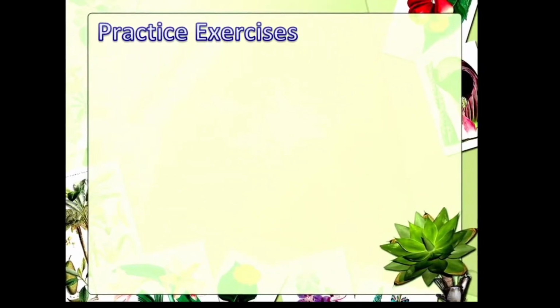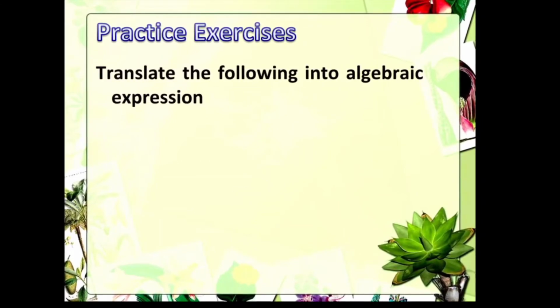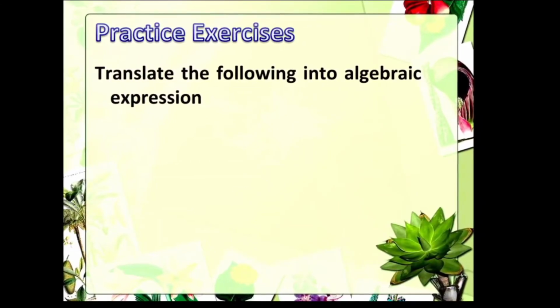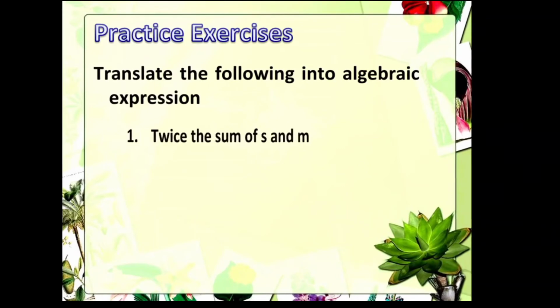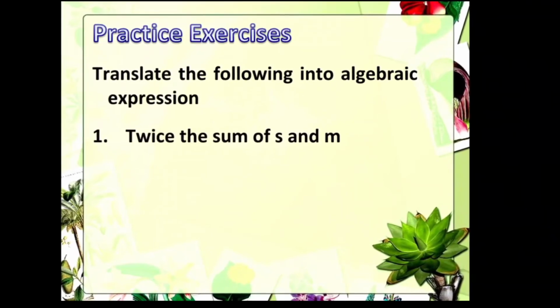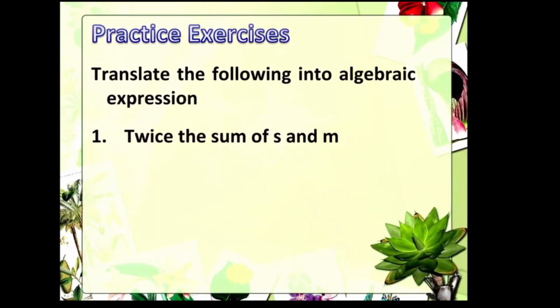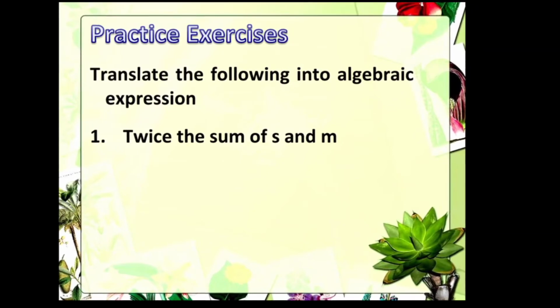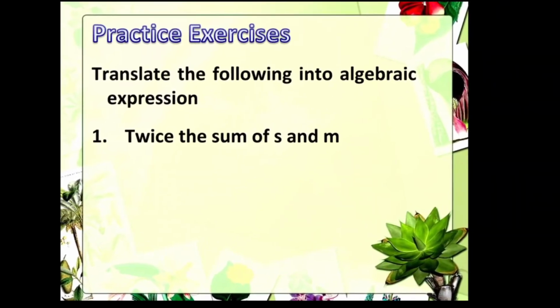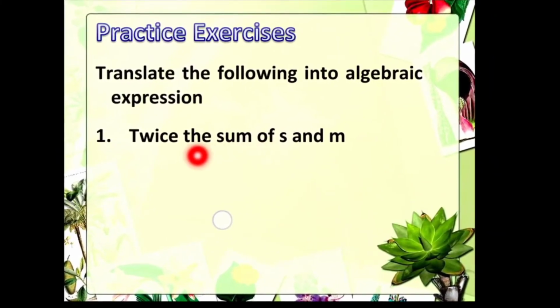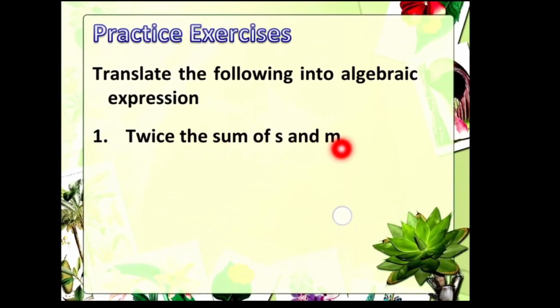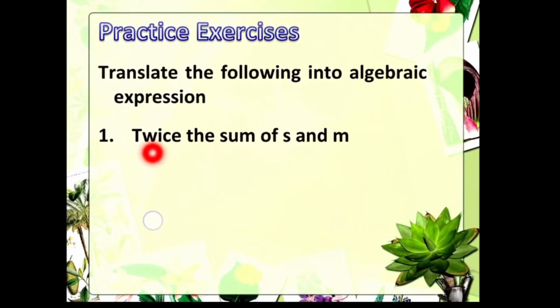So let's try this one. Translate the following into algebraic expression. Number 1, twice the sum of s and m. It means that you have to first add s and m, then after that you have to twice them.